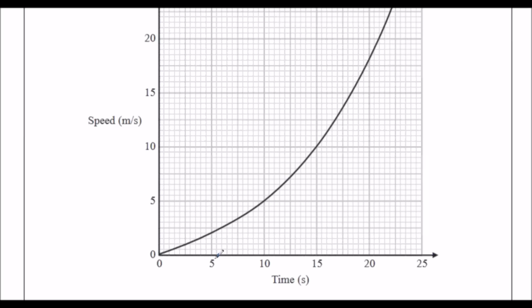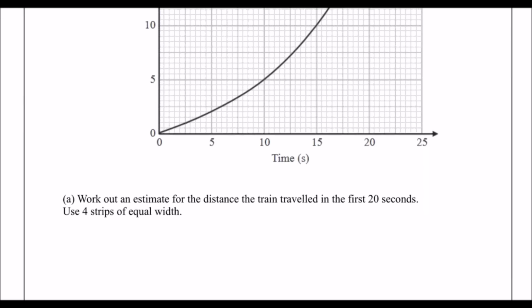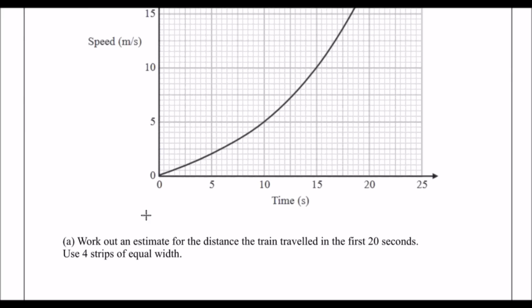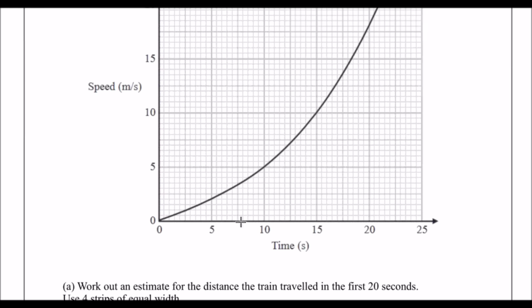If we were asked to find the acceleration, that would be the gradient at a point. So if we wanted the acceleration at 10 seconds, we'd draw a tangent at 10 seconds and work out the gradient of it. But we want to find the distance, so it's the area under the first 20 seconds using 4 strips.